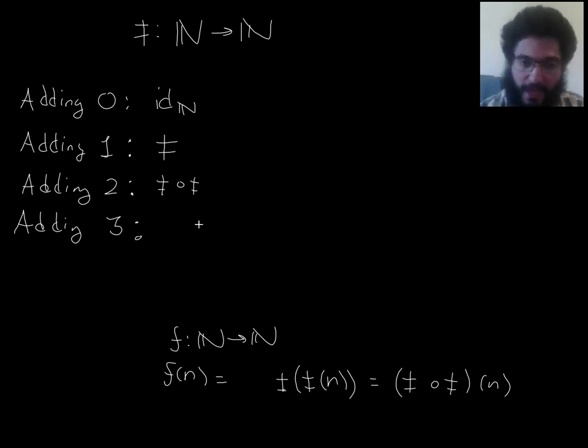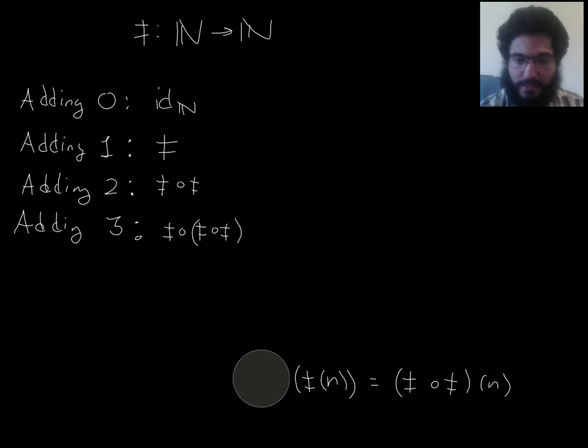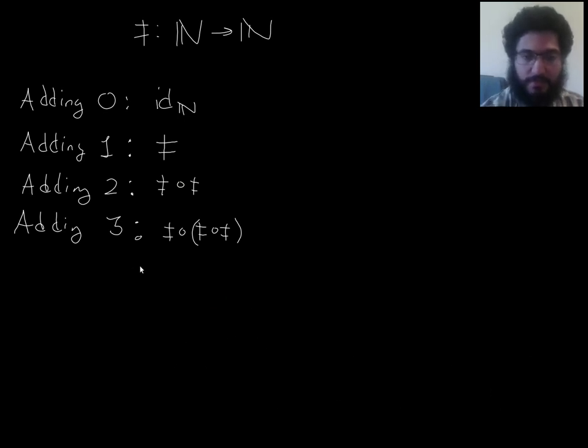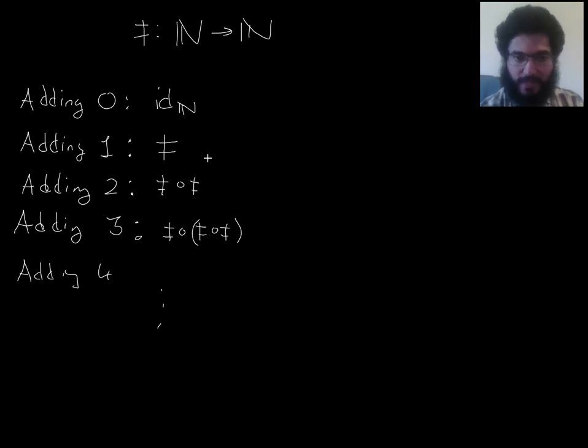And then what about our adding 3 function? Well, take our adding 2 function and then follow it by another adding 1 function. And now writing things this way, you can see that there's going to be a pattern that could possibly be continued. So you can guess what adding 4 would be, and so on. Each time you want to come up with the adding the next number function, you just compose with another adding 1 object.